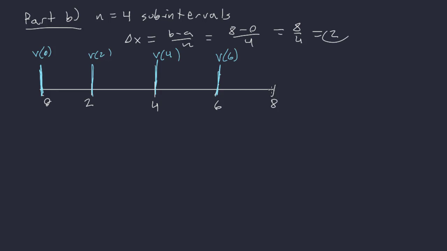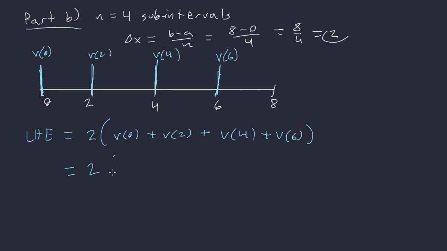We won't use the rightmost because we're doing a left-handed estimate. So the left-handed estimate, it will be 2 times v of 0 plus v of 2 plus v of 4 plus v of 6, which will be 2 times 0 squared plus 2 squared plus 4 squared plus 6 squared, and that's going to be about 112.